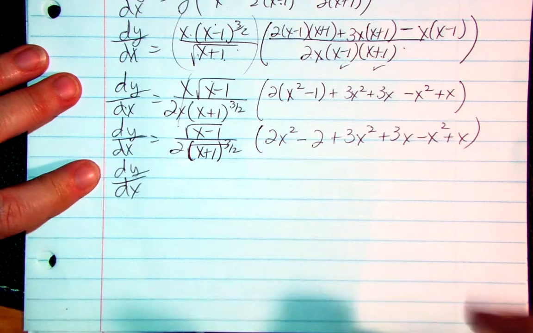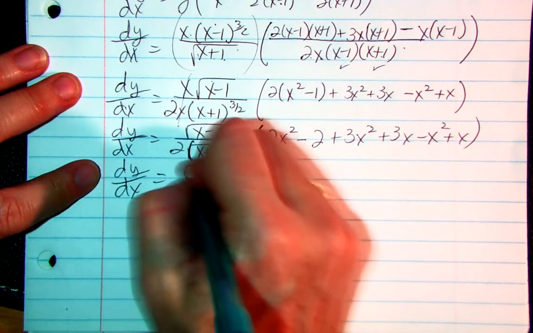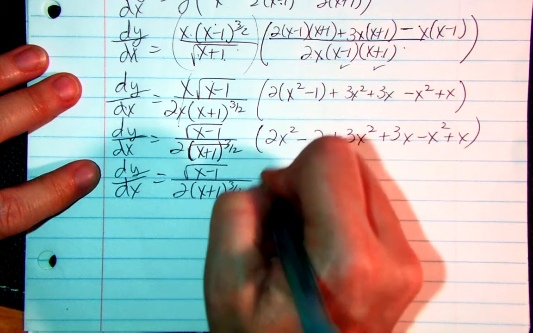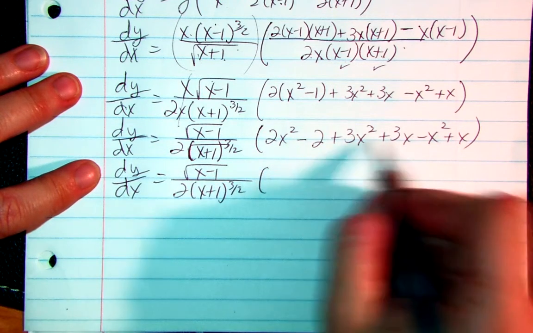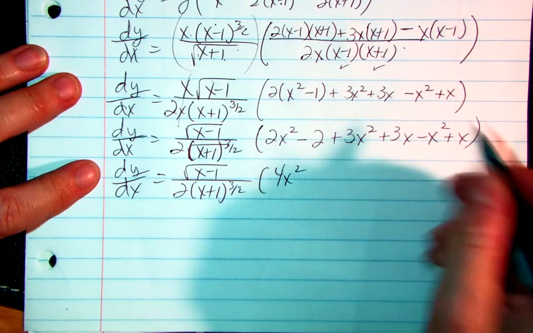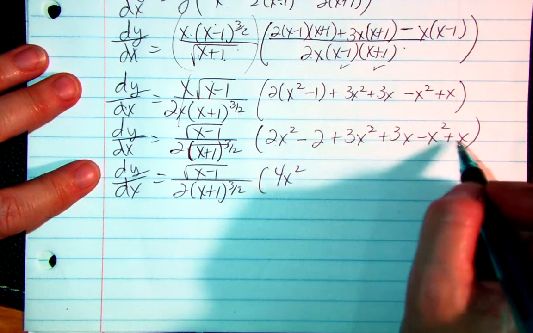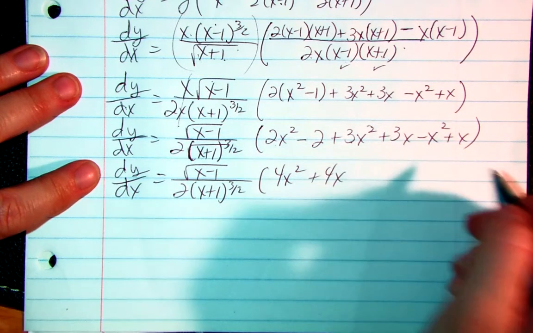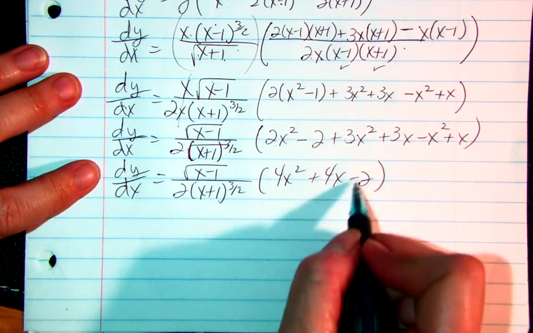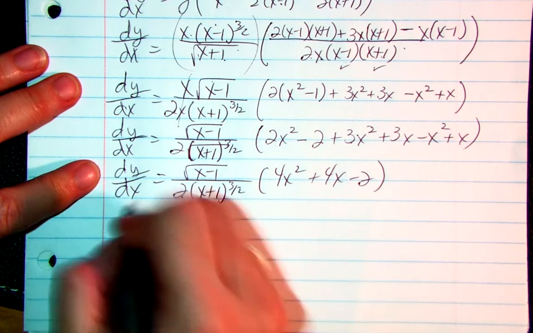Maybe I'll do it on the next line. So let's see. I have 5 minus 1 of 4x squared. x is I have 3 and a 1. And then I just have a minus 2. And so I can factor out a 2 and cancel it with that 2.